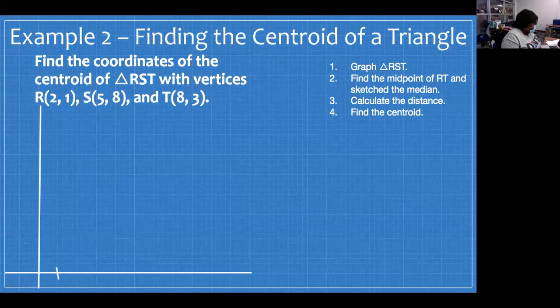I need at least 8. That's 8. So I'm going to go 9. I need at least 8 here. Barely enough there. All right, so R is (2, 1), and S is (5, 8).